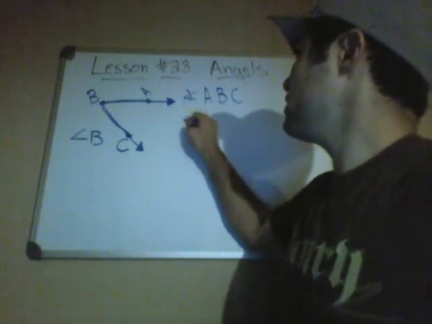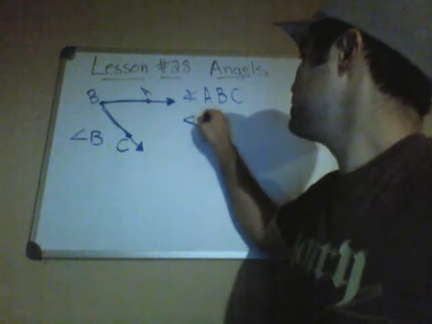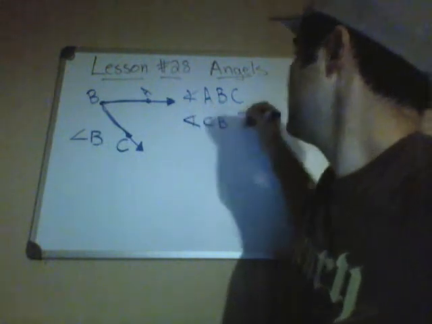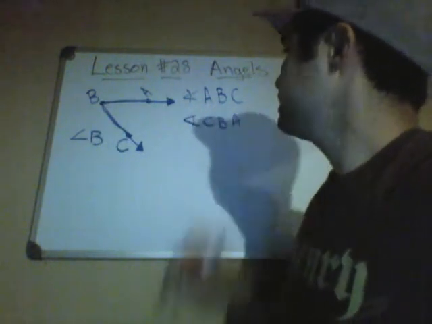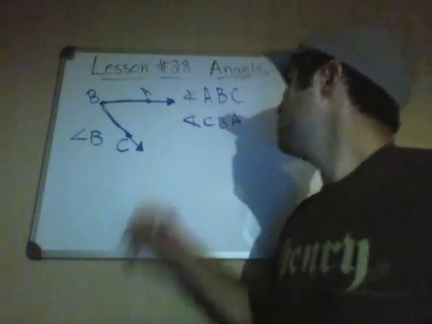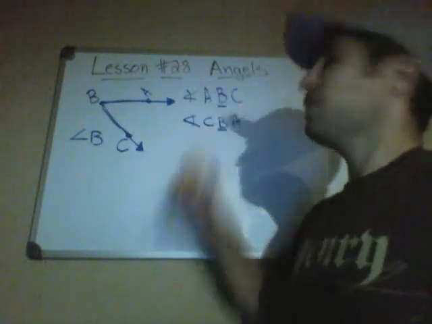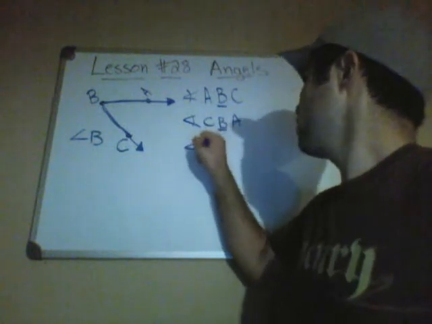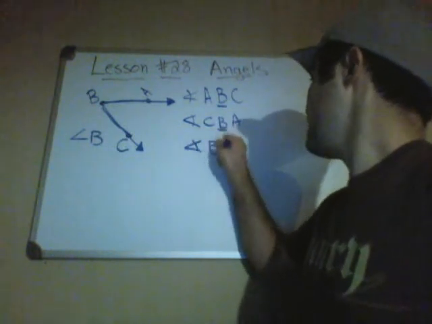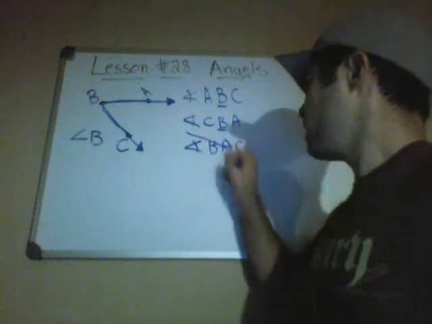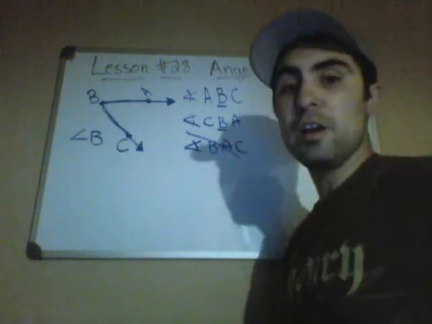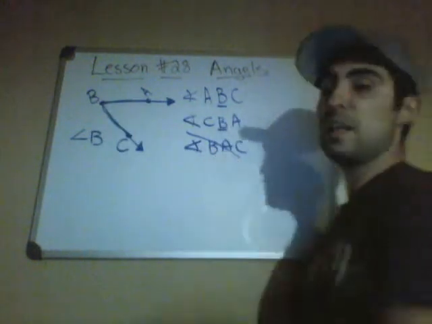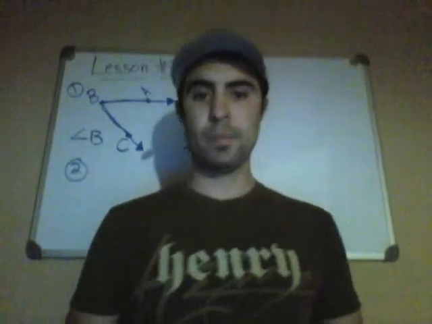I could also name this angle C, B, A. Notice, B is in the middle of the two other letters. You cannot name it angle B, A, C. This would not be a name of this angle, because B is not in between the two letters.